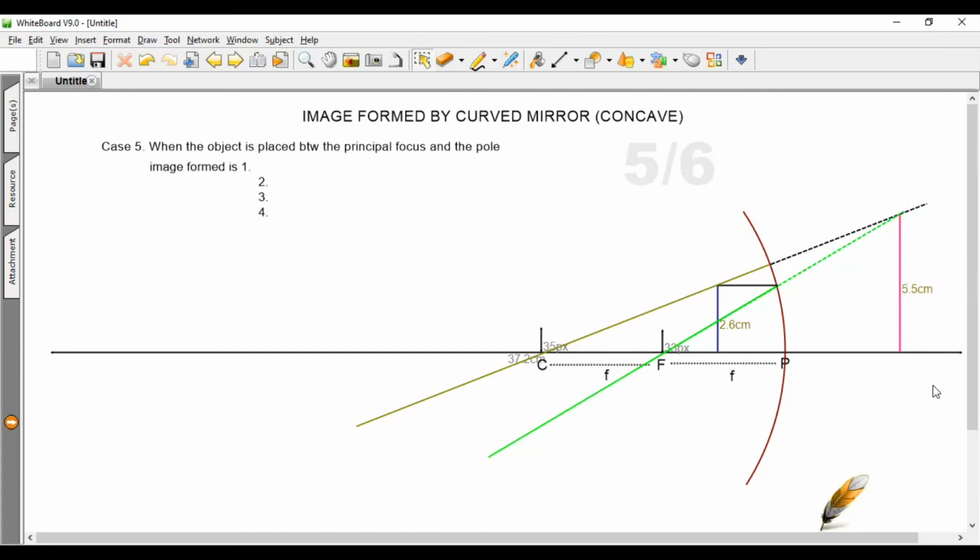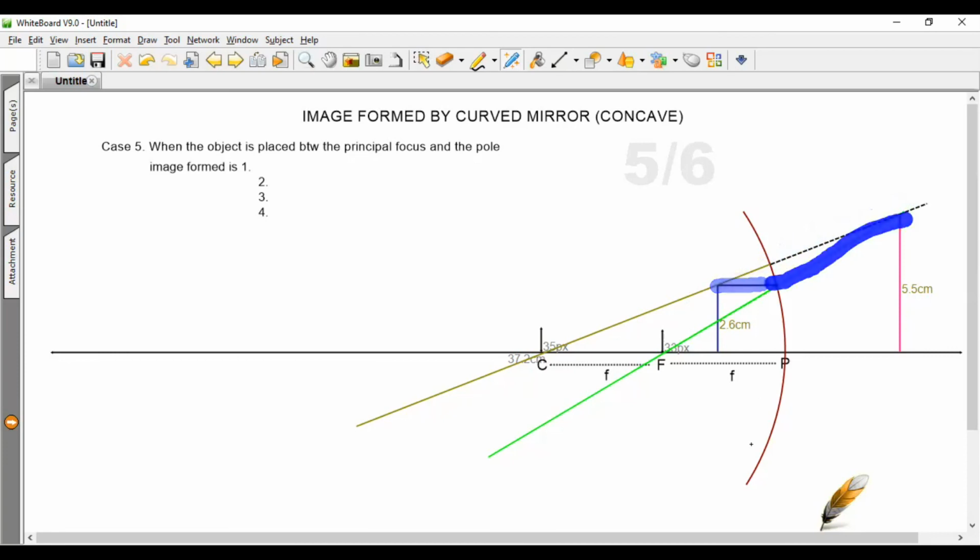Now, we can see that the image has formed behind the screen and the image is 5.5 centimeters. Now look at something. Consider the ray coming from the top of the object, and this one going up.